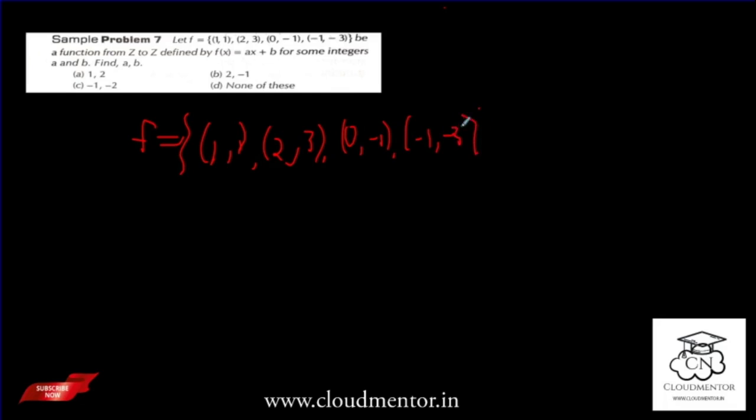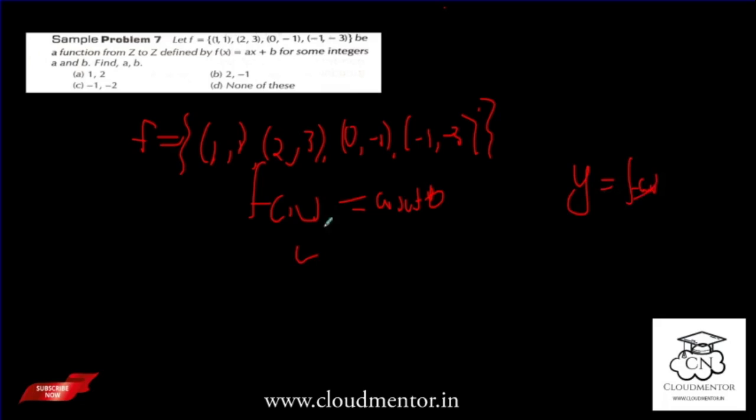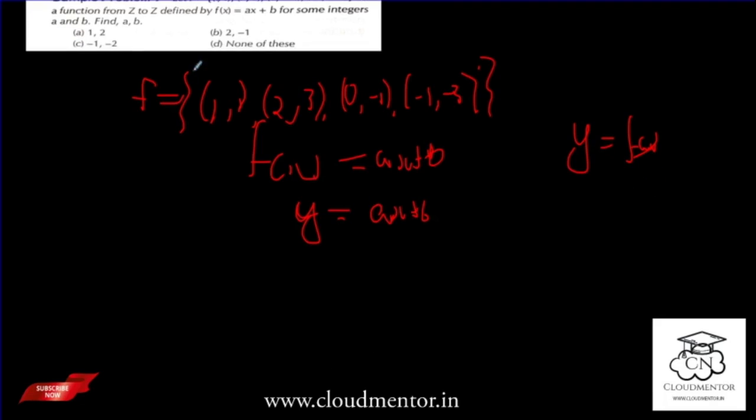We know that the function is f equal to the ordered pairs (1, 1), (2, 3), (0, minus 1), and (minus 1, minus 3), and we have been given that f of x equal to ax plus b. Otherwise we can call f of x as y, so y equal to ax plus b.